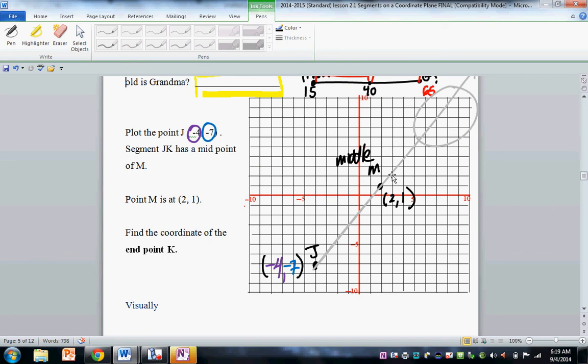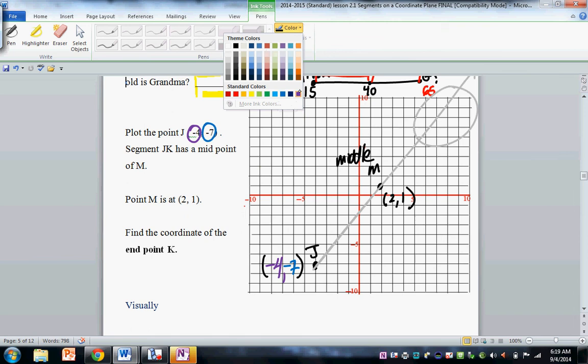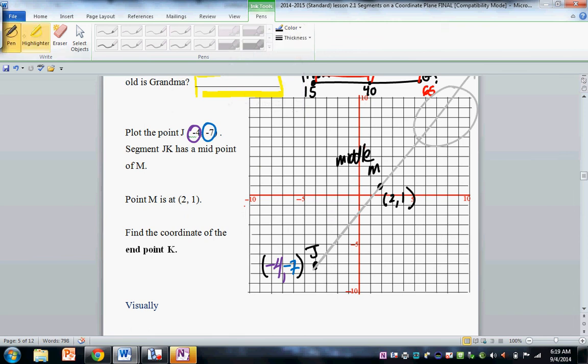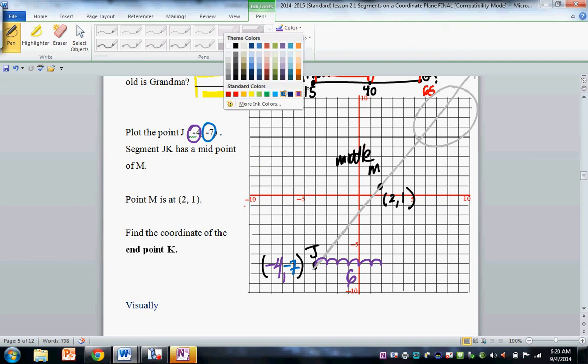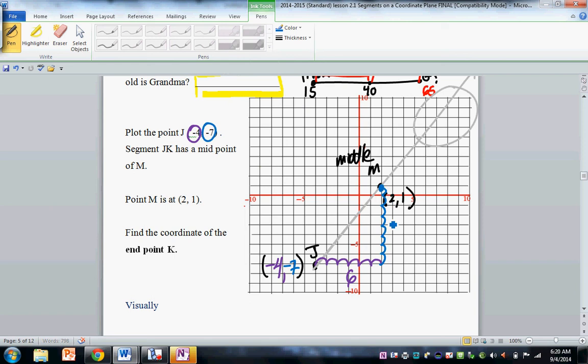I'm going to show you 3 different methods. You actually have to solve, and then check in with me as a teacher. So visually, we recreate the difference between the points. So I'm going to bunny hop like this: 1, 2, 3, 4, 5, 6. And then I'm going to go up: 1, 2, 3, 4, 5, 6, 7, 8.